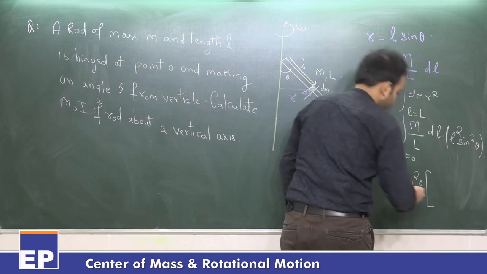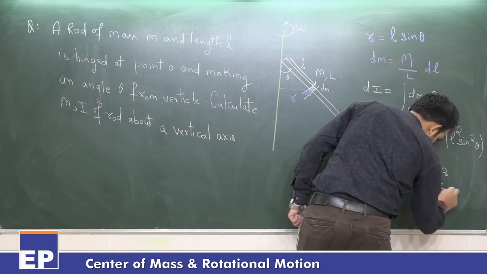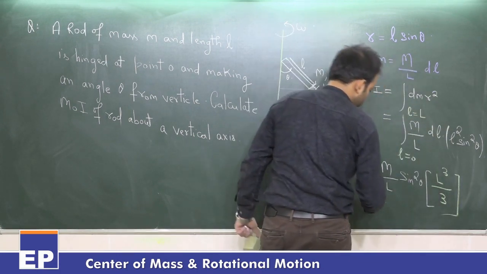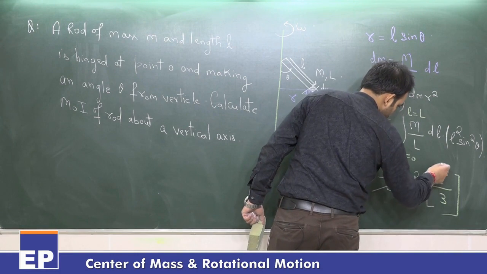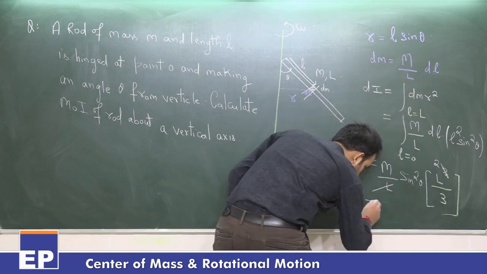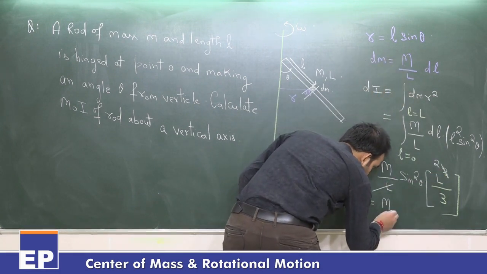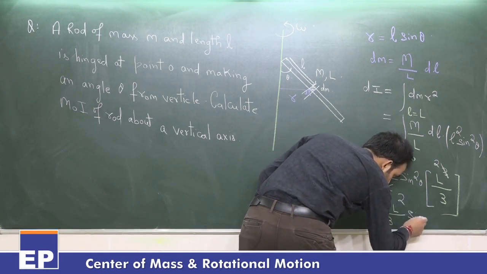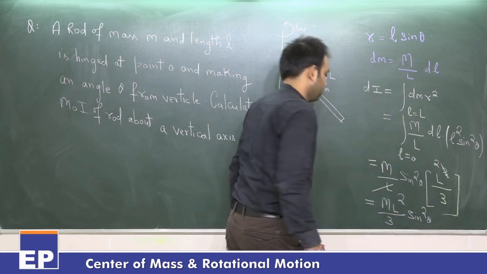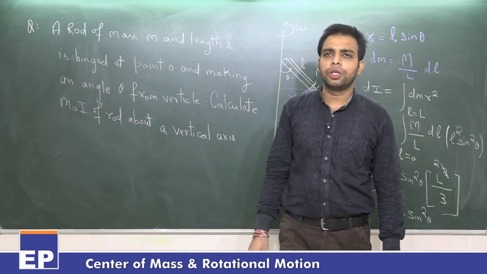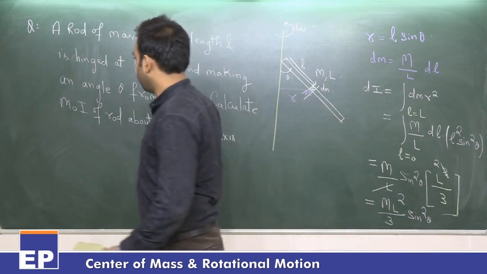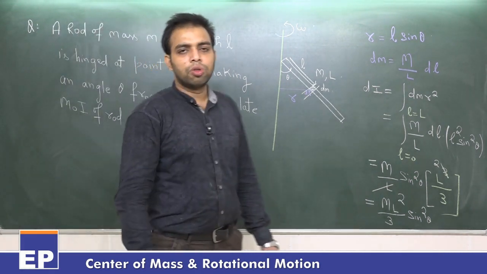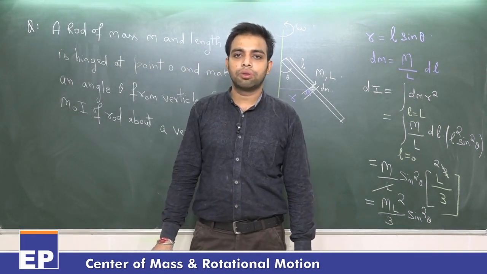If we put the limit, that will become L cube by 3. This will be cancelled out. That will come out to be m L square by 3 sin square theta. So it is the moment of inertia about that axis. Is it clear? So about that axis it is m L square by 3 sin square theta.